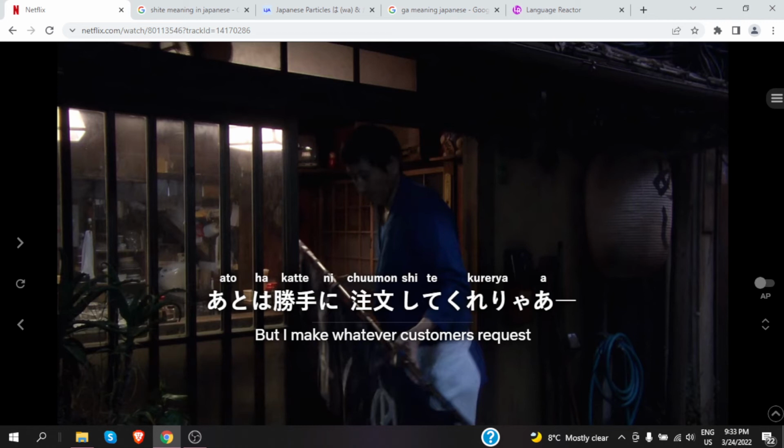It means give. But you know, when I'm recalling, if I have to explain this to you, I'm going to use English. But when I recall these words, I normally just try and visualize the concept and say the Japanese. I don't try and use English here at all, because there's too much going on. Ato wa kate ni chumon shita kureria. Ah, okay. Cool, I've got some new words. So let's keep going. Let's hear that.